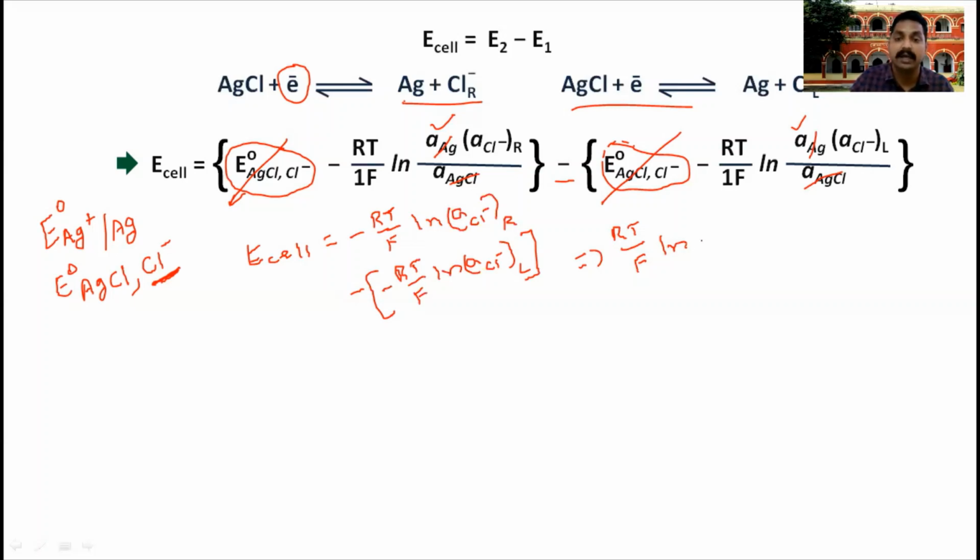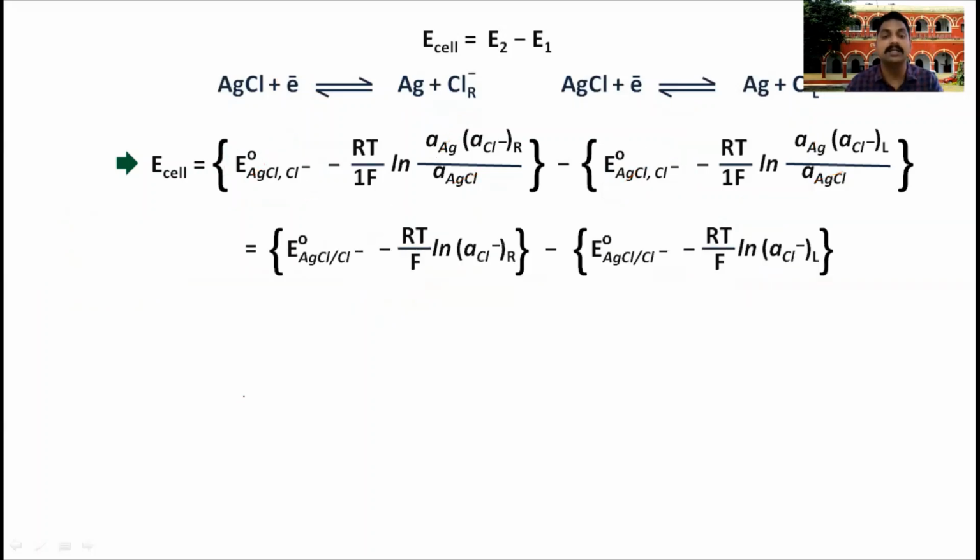Thus Ln activity of chloride ion on left hand side will come to numerator, divided by activity of chloride ion on right hand side. So this is the formula for E cell. Thus we get E cell is equal to RT by F Ln activity of chloride ion on left hand side divided by activity of chloride ion on right hand side.